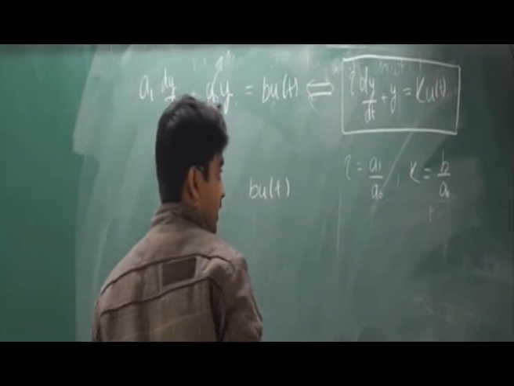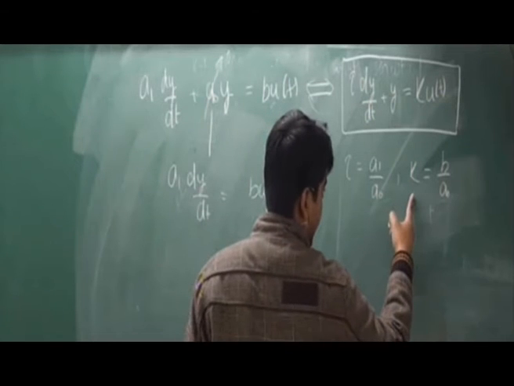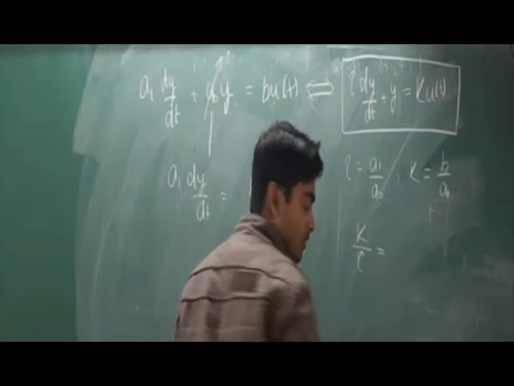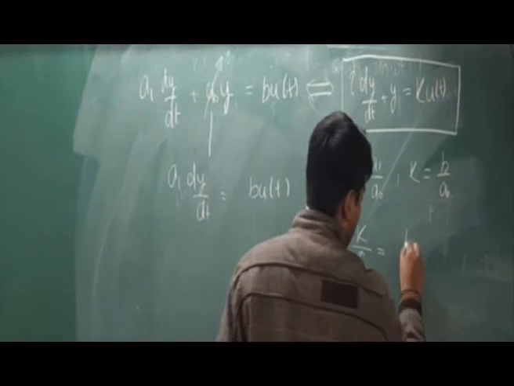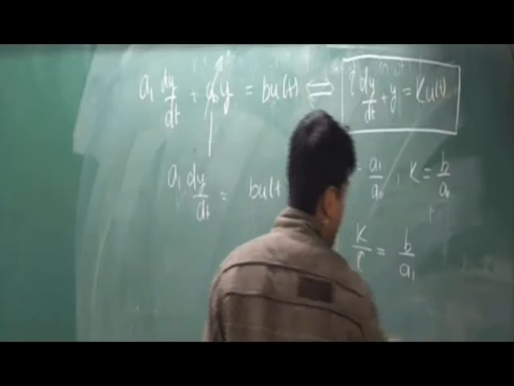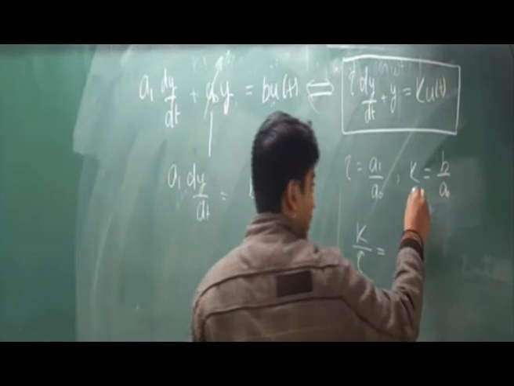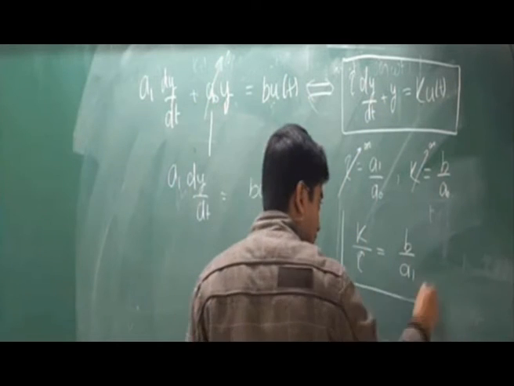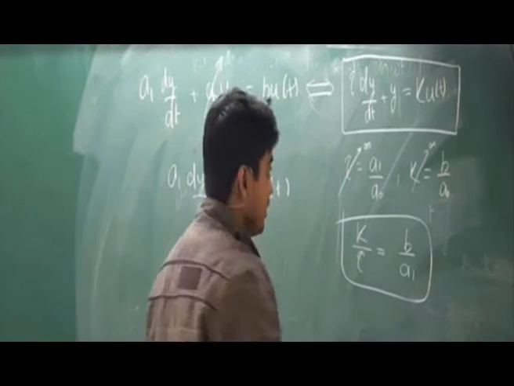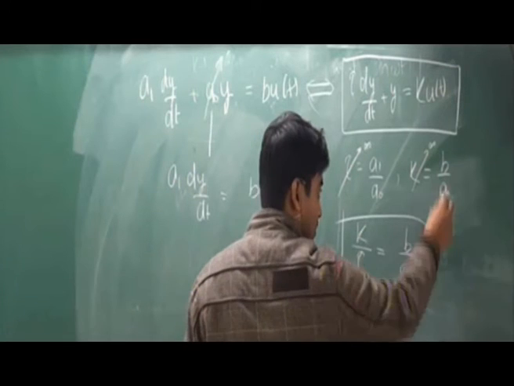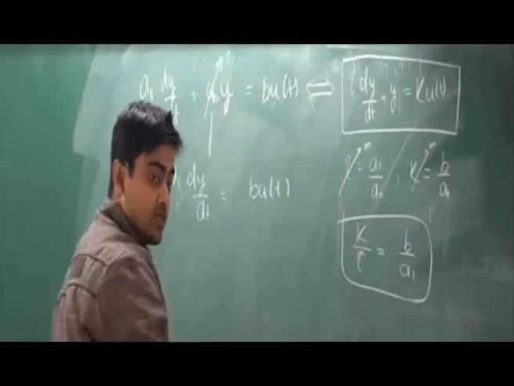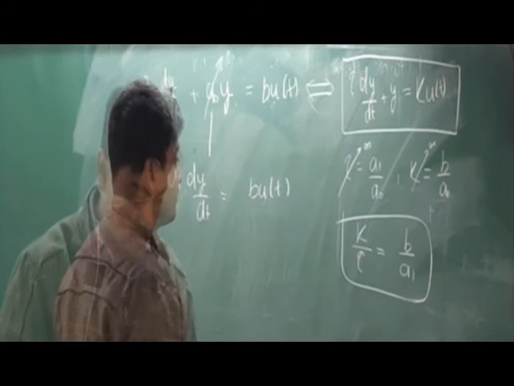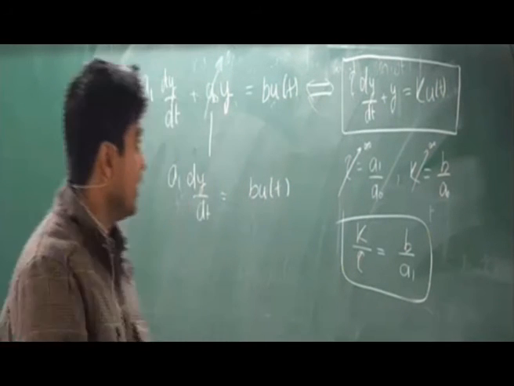So here you will see that the ratio of K and tau is constant, but individually each will go to infinity. The ratio of these will stay constant, and they go to infinity because of A naught, which is 0 in the case of integrating systems. Okay, so this is all about the integrating system.